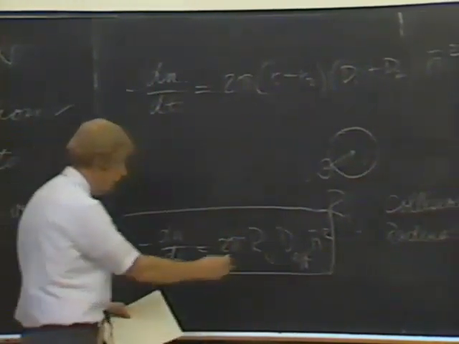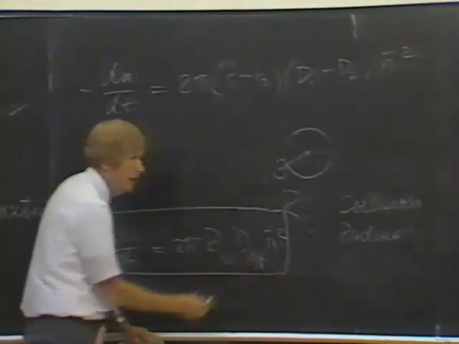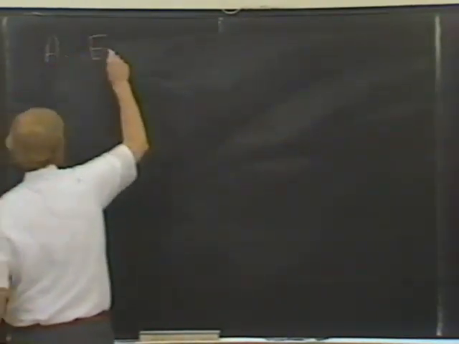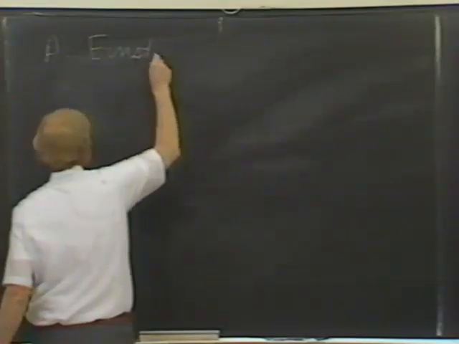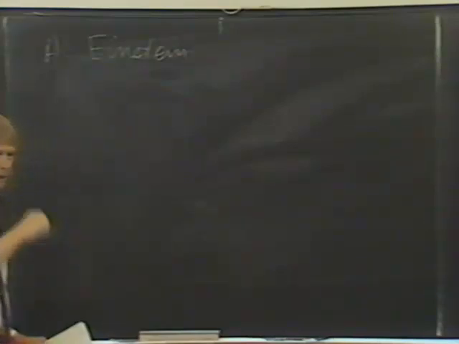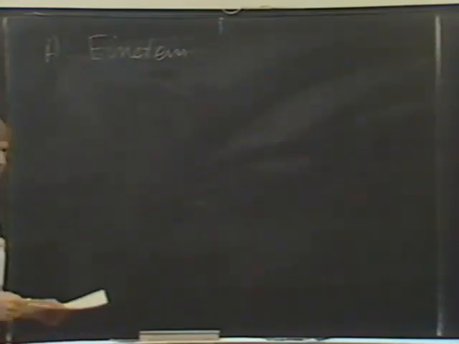We can say that Albert Einstein, you'll see lots of famous names associated with particle dynamics because it's a challenging problem, and people have been fascinated by it over the years.